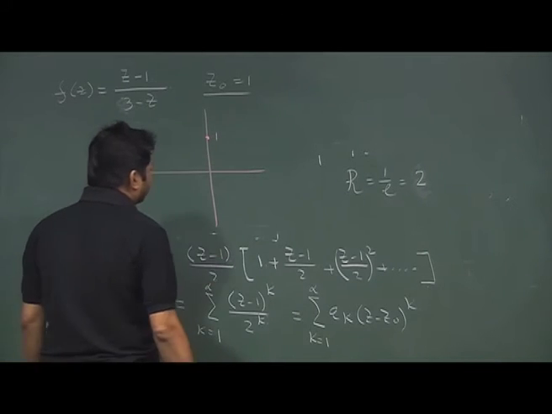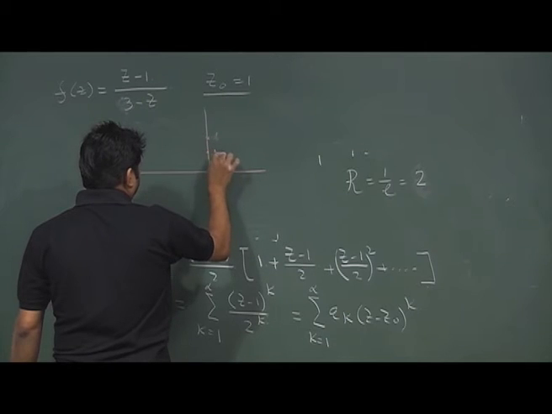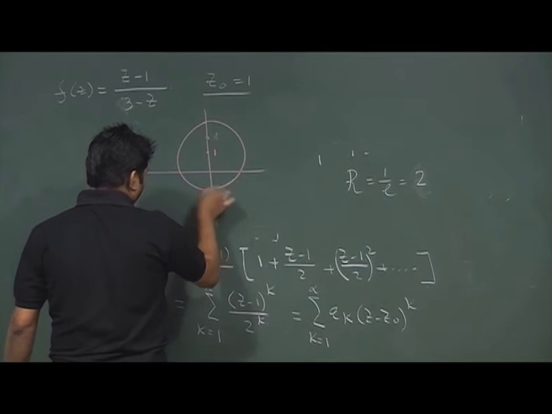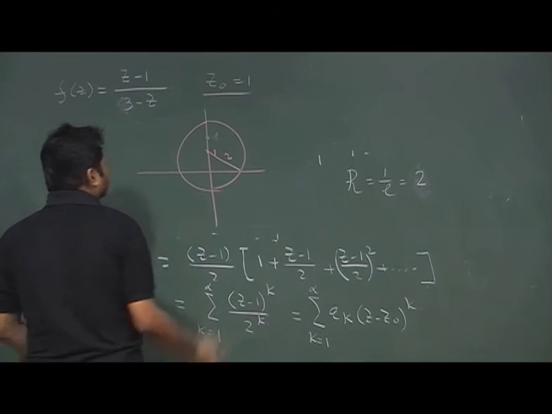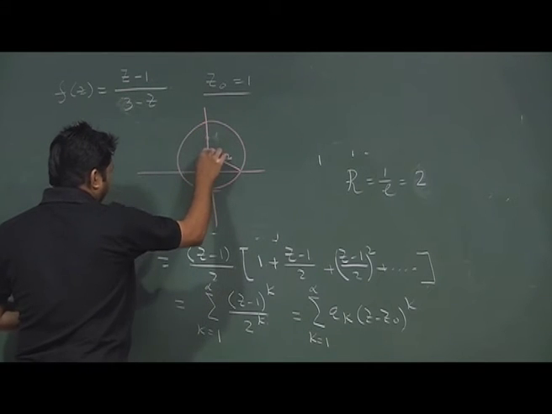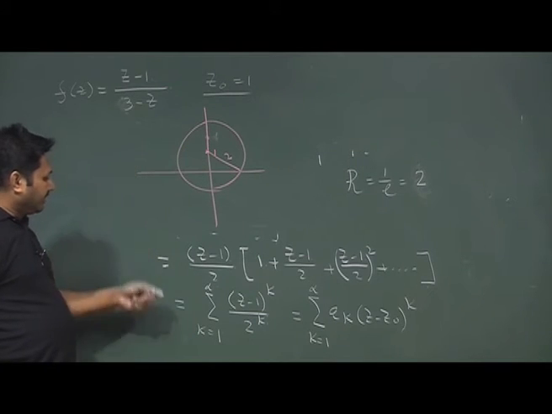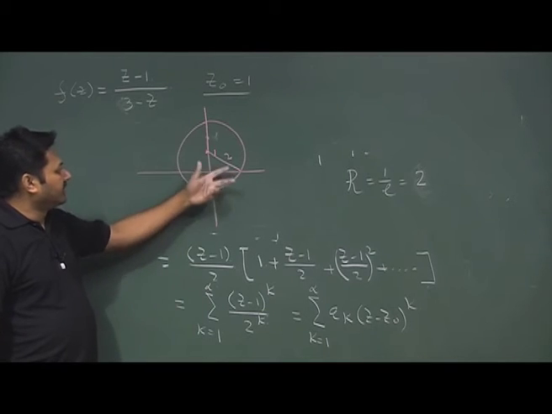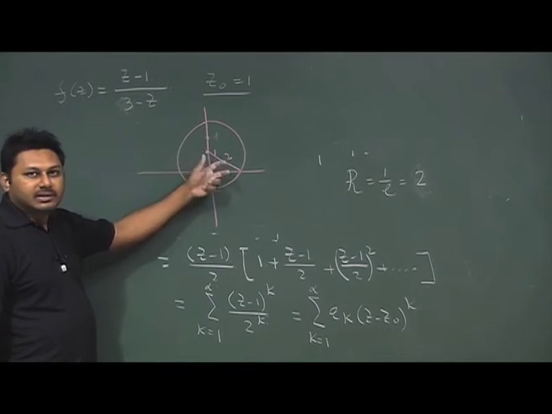If I take a circle, say this point, let me put it 1 here, then if I put a circle of radius 2, then I will have something like this. So, this is the region where this expansion is valid, and it will converge for all z's that are lying in this region.